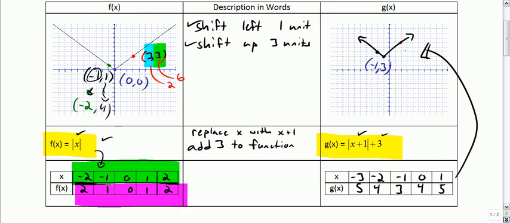Now I just need to say, to get from one table to the next, what did I do? It was subtract 1 from x values, add 3 to f of x, or y values. Alright, so that's the first problem.